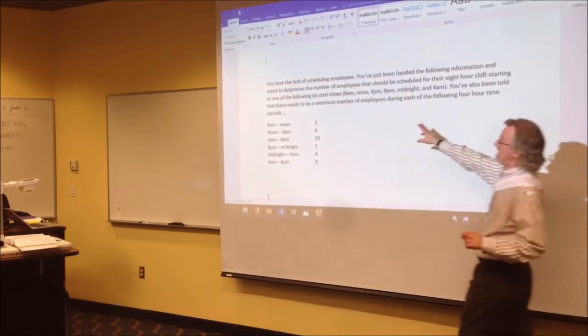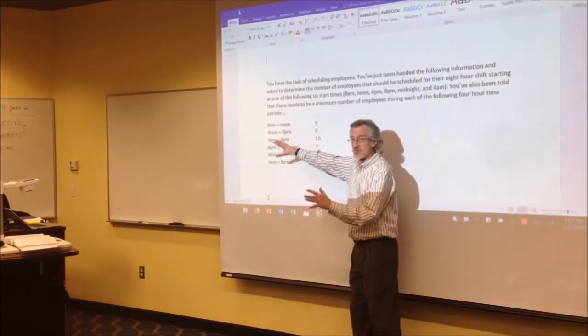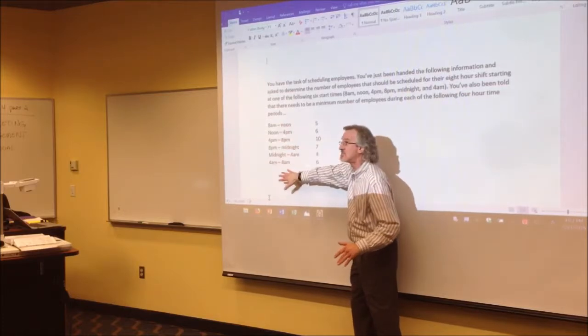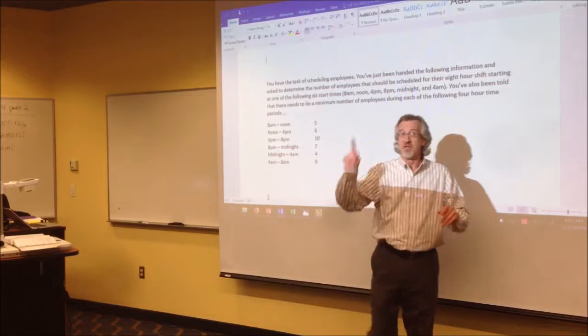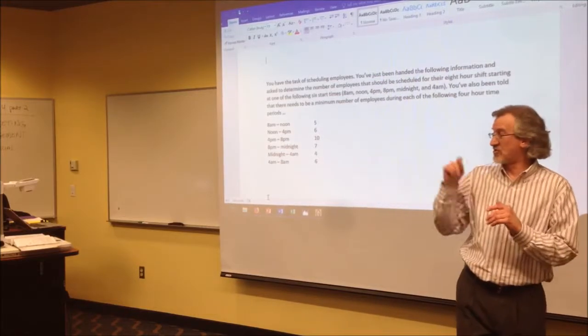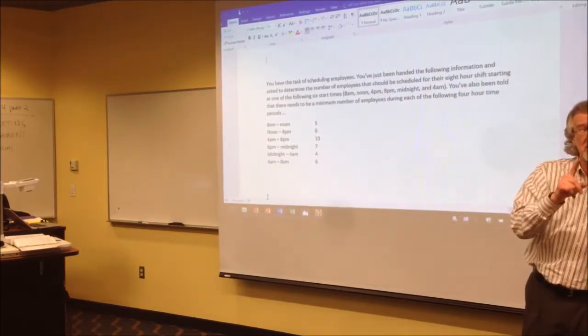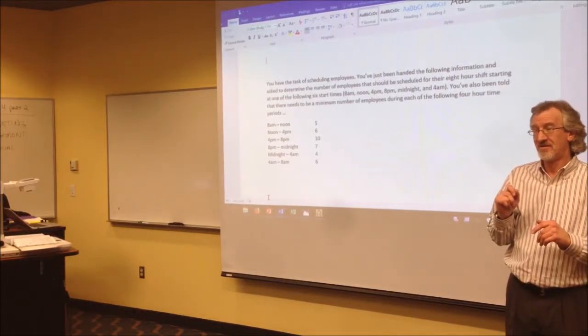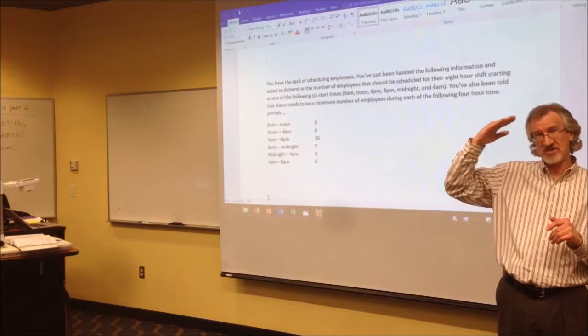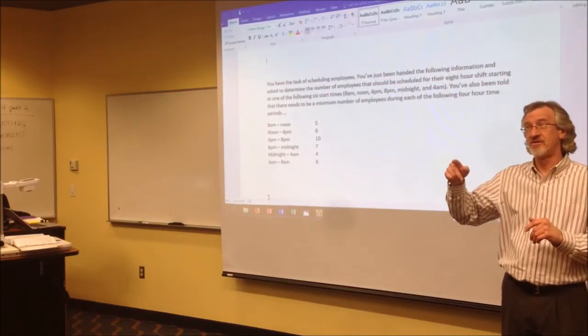And these requirements say, however many employees you schedule starting at any of these times, there needs to be at least this many during that 4-hour period. But keep in mind, when you schedule an employee, whatever time they start, they're there for 8 hours. Does everybody get what I just said? Do you see the start times? They're every 4 hours.